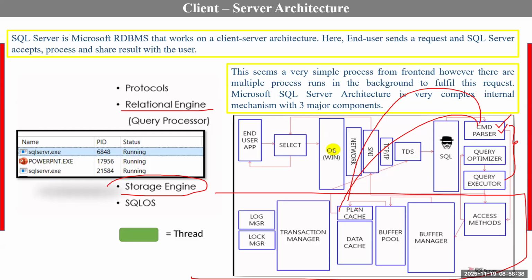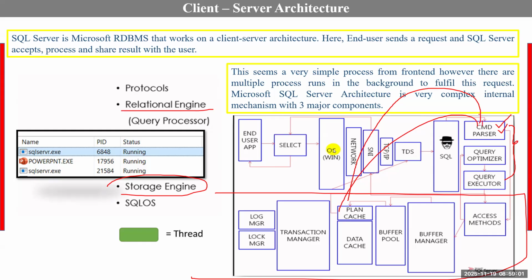Majority of database engines prepare plans. That plan is stored in the buffer, in the RAM, in the cache.